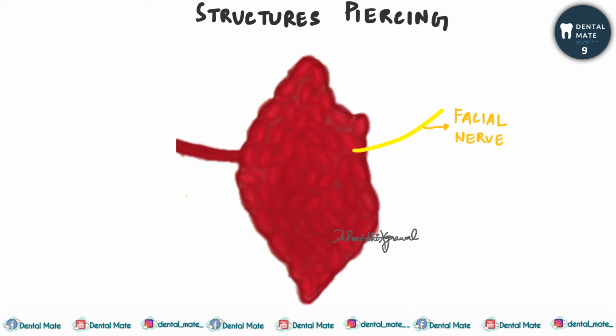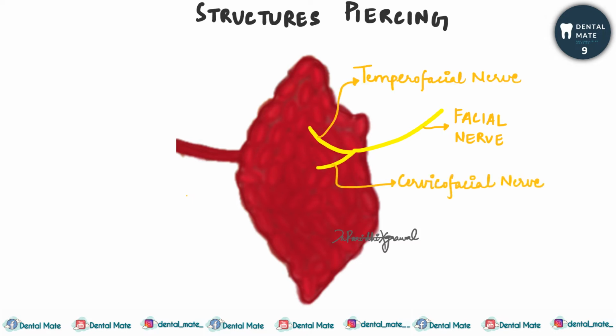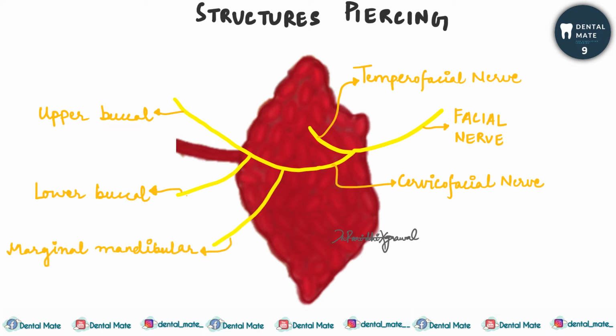First is the facial nerve. This is the facial nerve. It gives out two branches, the temporofacial nerve and the cervicofacial nerve. The cervicofacial nerve gives out the upper buccal, lower buccal, then the marginal mandibular and the cervical branch.